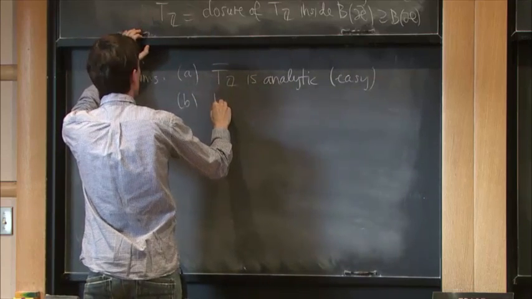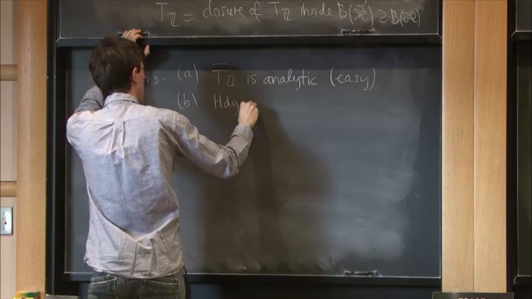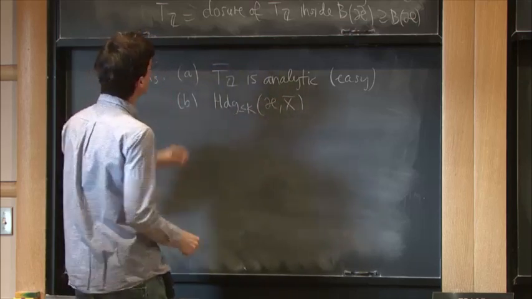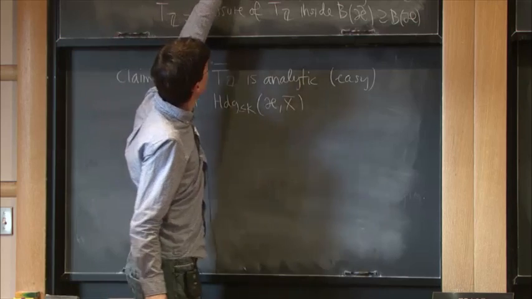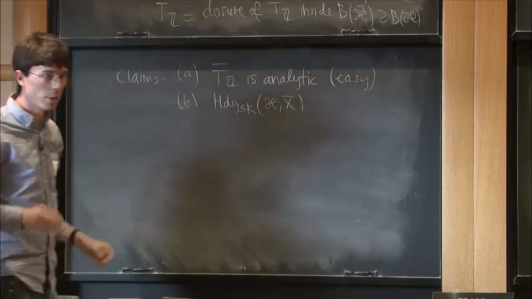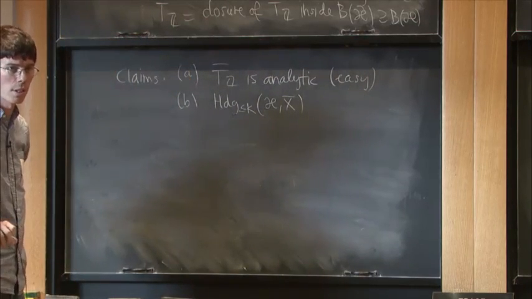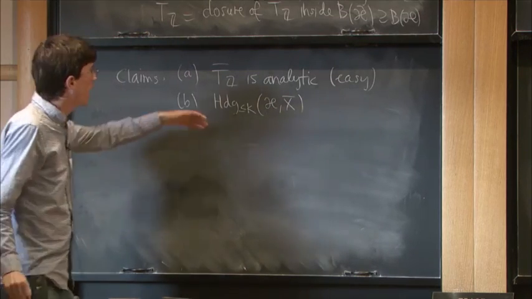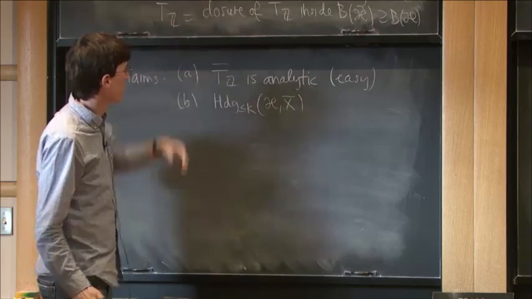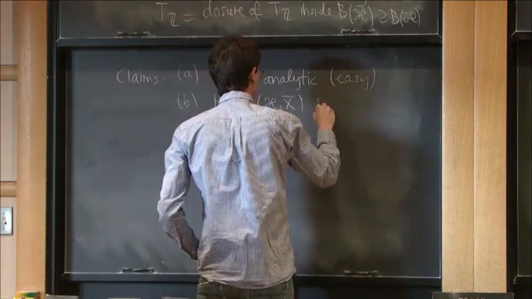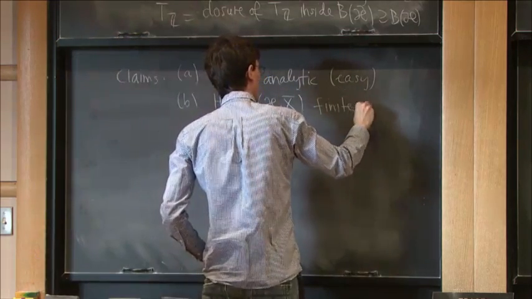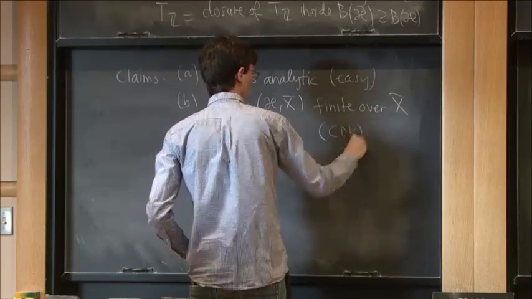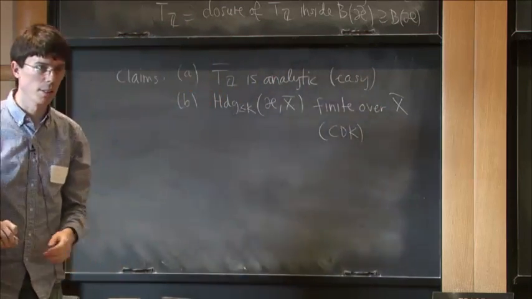If I also look at the bounded self-intersection number, this has a certain number of components on each of which the self-intersection number is constant. I look at all those components where the self-intersection number is at most k, and that this is finite over X bar. And this follows from the more technical parts in CDK.